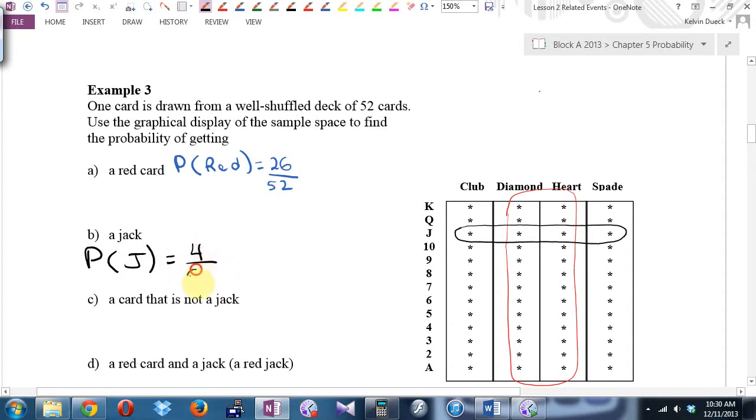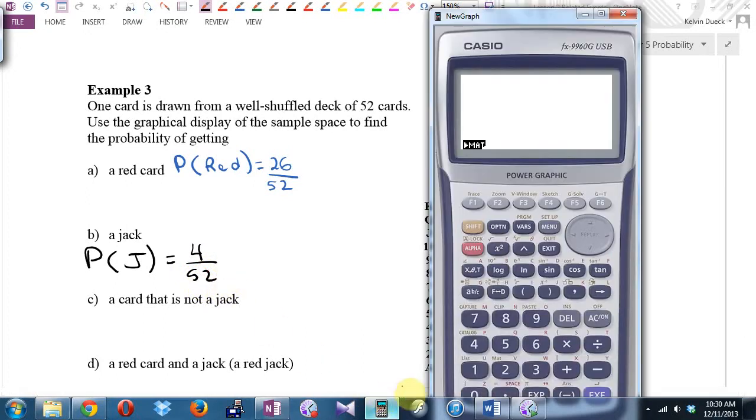Out of 52. Again, if you want, you can go 4 over 52. It's 1 out of 13 because 1/4 of the deck is, 1/13. There's 4 jacks. What are the odds? 4 to 48 or 1 to 12?